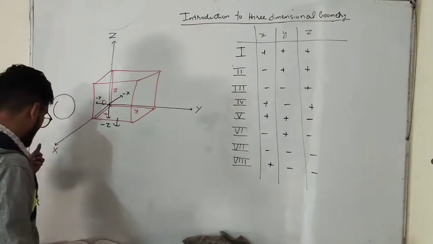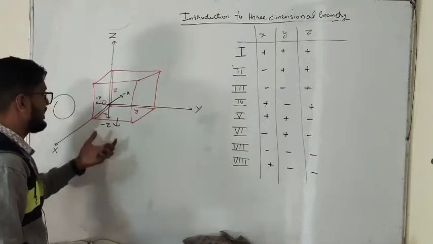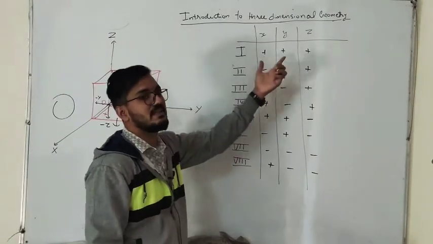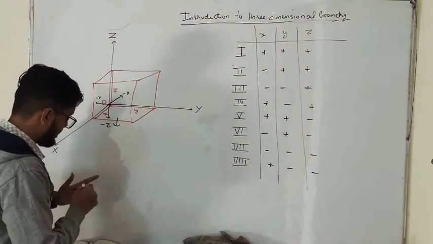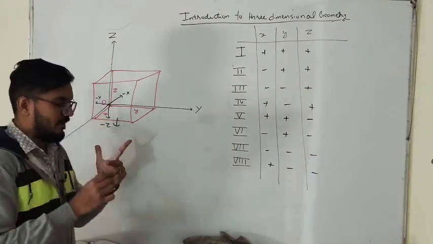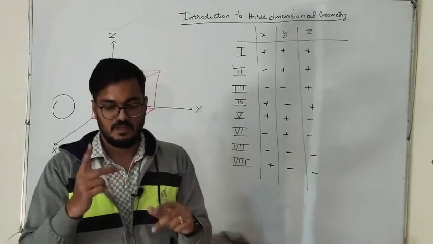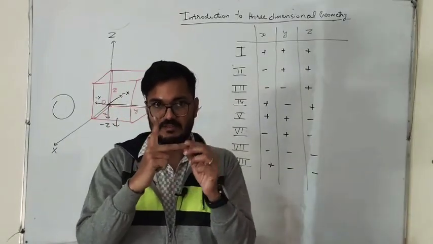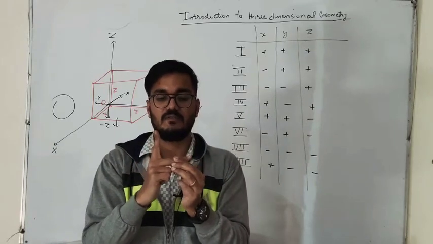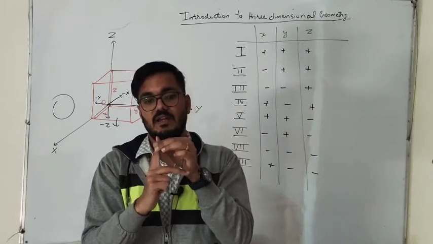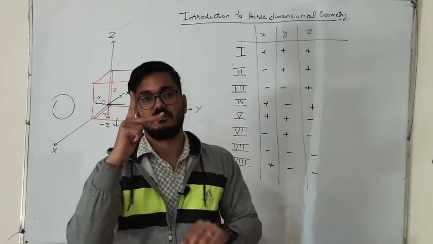So in this way there are total 8 octants, and these are the coordinates of x, y, and z in each octant. So x direction we can consider in this way. If this is x for you, if you are looking in this direction, this is positive x, positive y, and this is positive z, right?